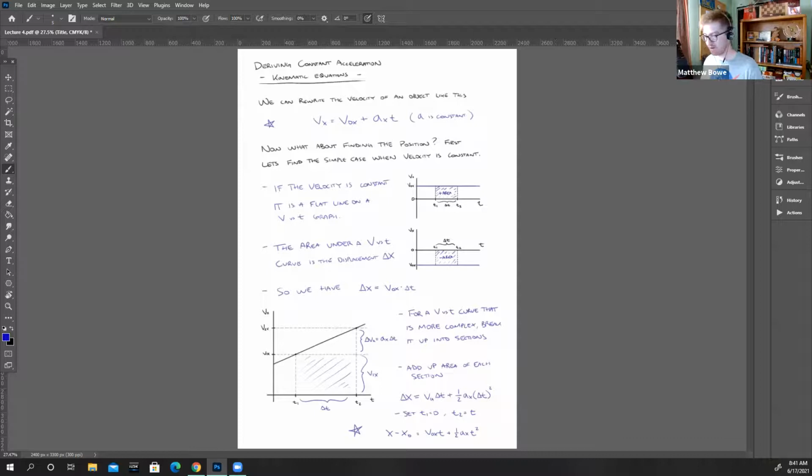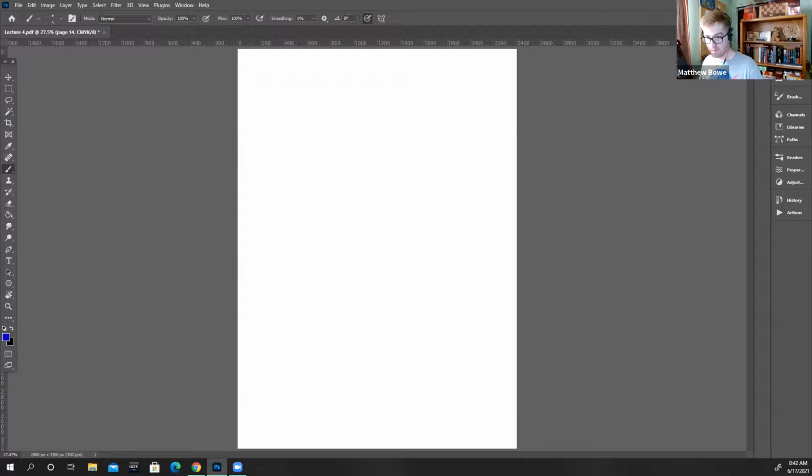We can find a different way of making a kinematic equation. So let's go to the next one. What if we had an expression that does not depend on so many terms?